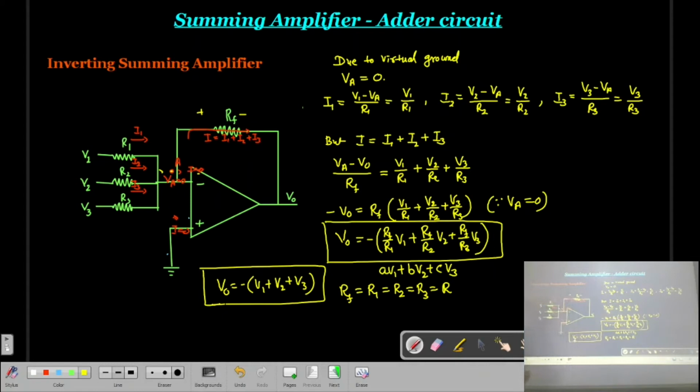So you have to remember that if you want simply the addition of the 3 voltages, then all the resistance values must be equal to your feedback resistance, and that will give you the summation as the output voltage.